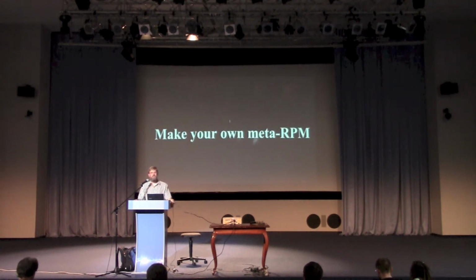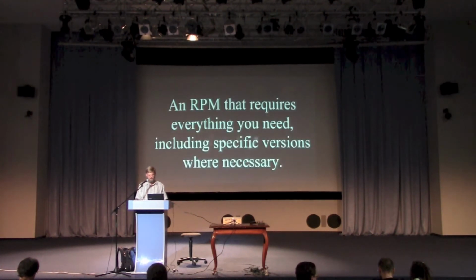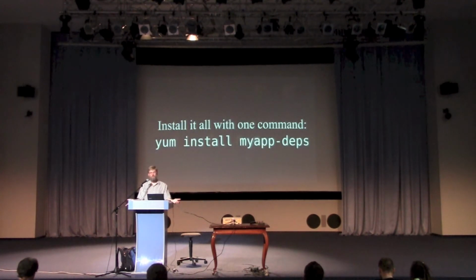Another nice thing is you can make your own RPM that is essentially a meta RPM that lists all of the different RPMs that you need. And then with one command, you can install that, and it will pull in everything that you need. And if you want to, you can specify particular versions, a certain version of dbd::pg, to use our earlier example.